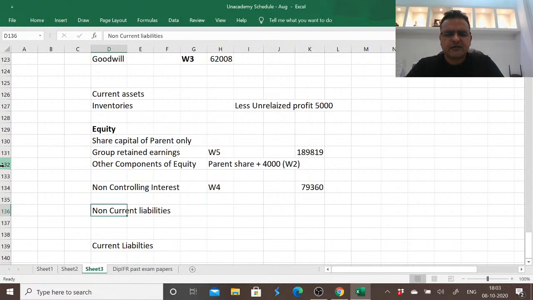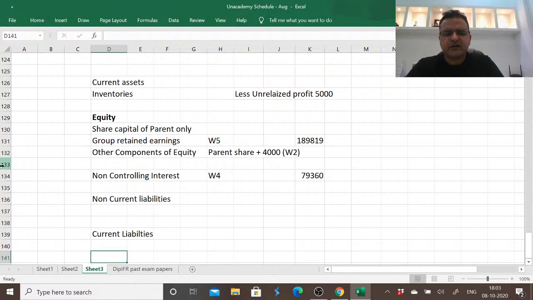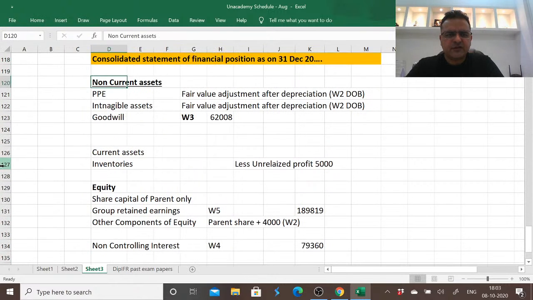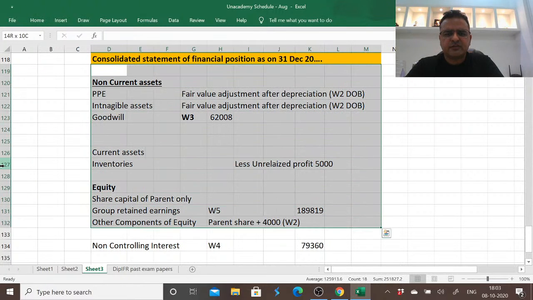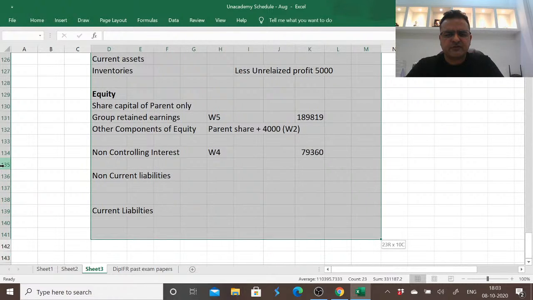Any non-current liabilities and current liabilities of parent plus subsidiary are presented. So this is how we present consolidated results and use these 5 workings to perform these consolidation procedures.